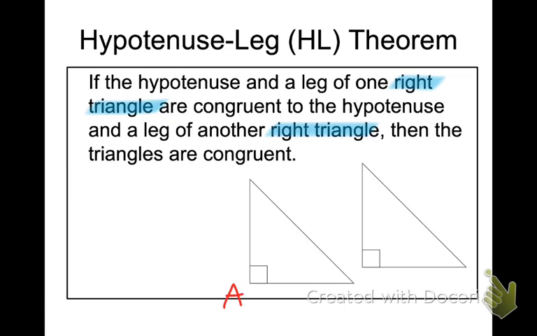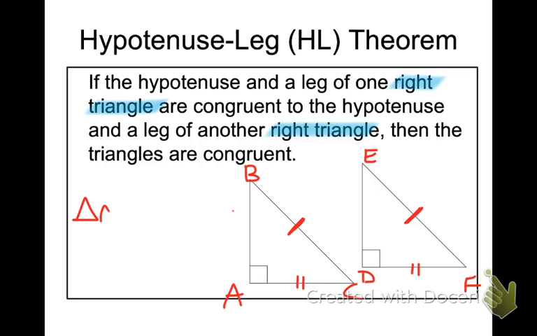I'm going to name this triangle ABC, DEF. Alright, so the hypotenuse of the left triangle is BC. If BC was congruent to the hypotenuse of another triangle, which would be EF, and a leg, so I can pick any leg, I'm going to go down here with AC, is congruent to DF, then we have enough information to say that my triangles are congruent.